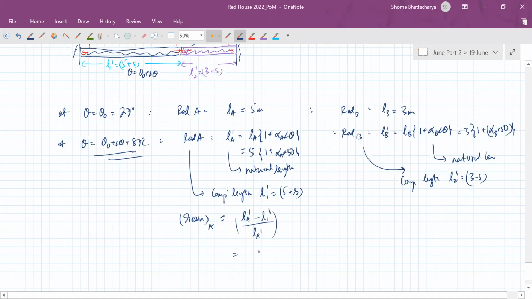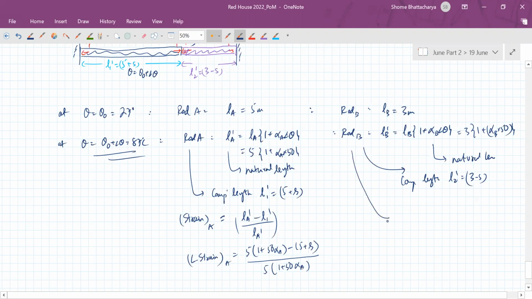So that is this value. This is the longitudinal strain in rod A.